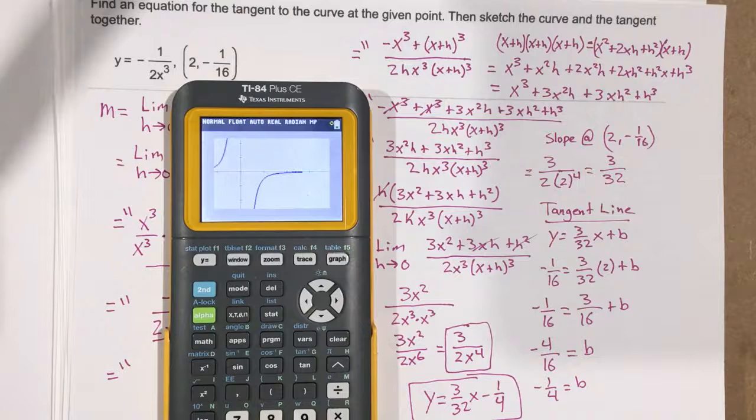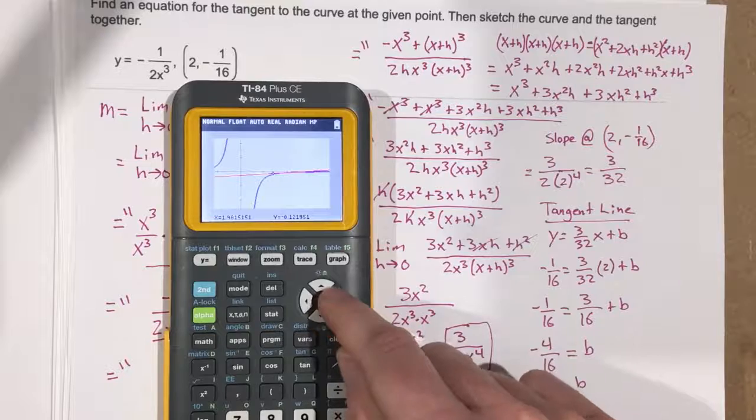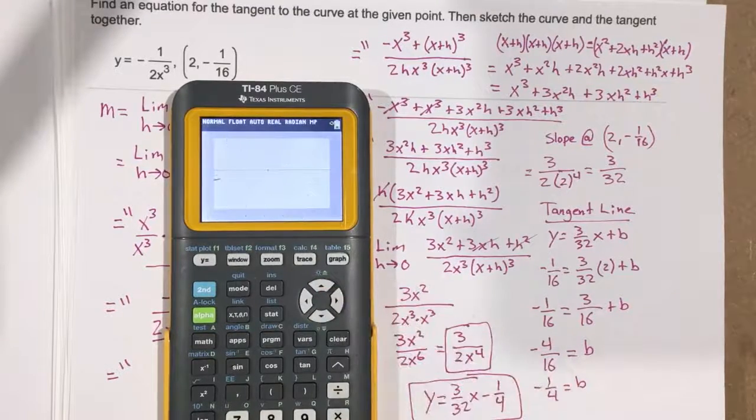Yeah, this is a good picture of it. And look at it touch it right at that spot. It looks like it touches more than one spot, but trust me, it's only touching this one spot right there.